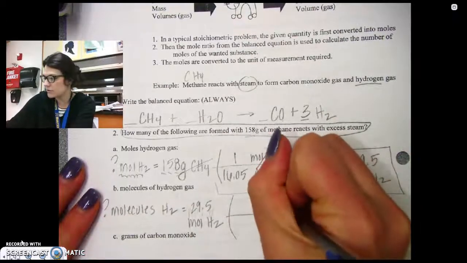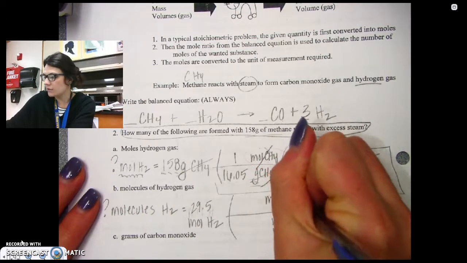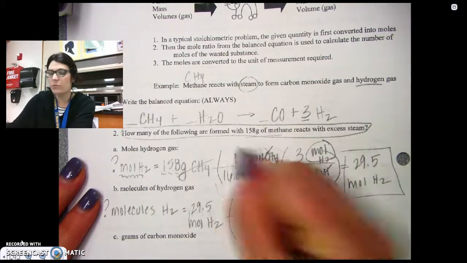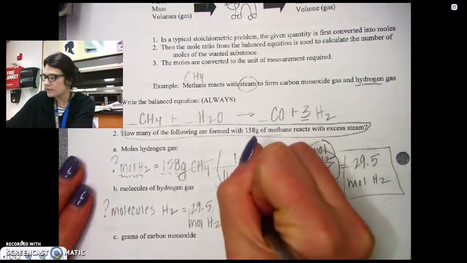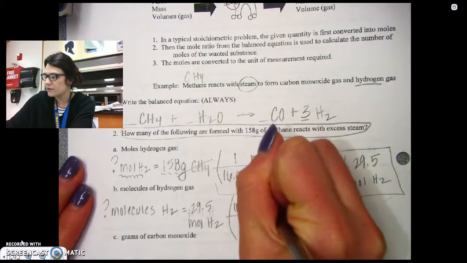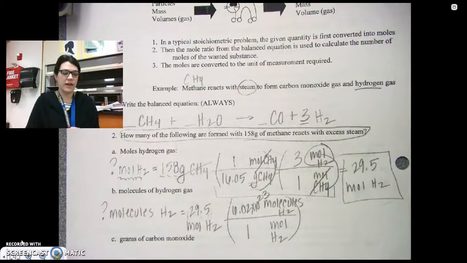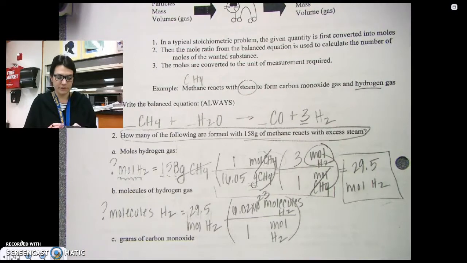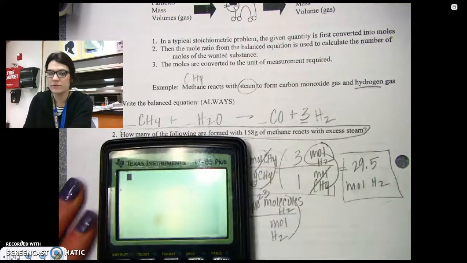We have Avogadro's number. So molecules of H2, for every 1 mole, I will have 6.02 times 10 to the 23rd molecules of H2. So if I plug this into my calculator, just multiplying it by 6.02 times 10 to the 23rd. Oh no, I got a syntax error. So let's look at this.